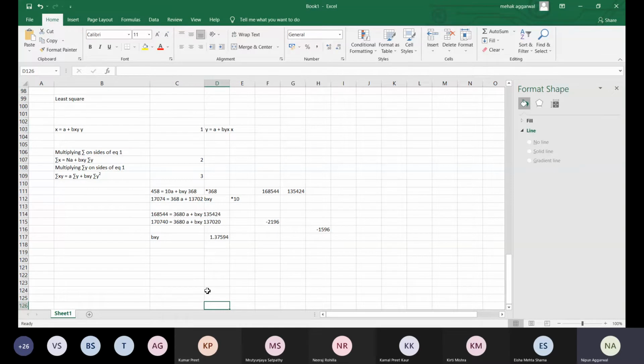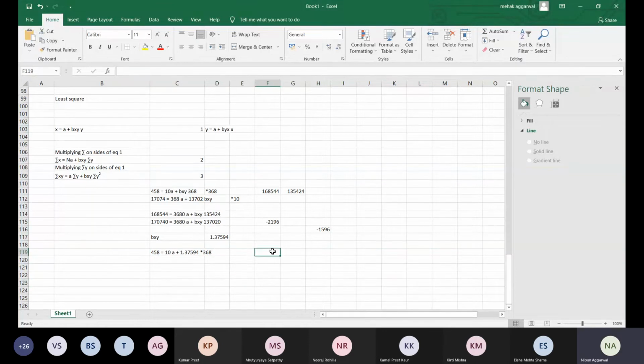Now the next step is to put this value of bxy in any of the equations. Let's suppose in this equation we put it, so you can get the value of a. So it becomes 458 is equal to 10 into a plus the bxy value you have calculated, 1.37594, into 368. So this becomes the equation.